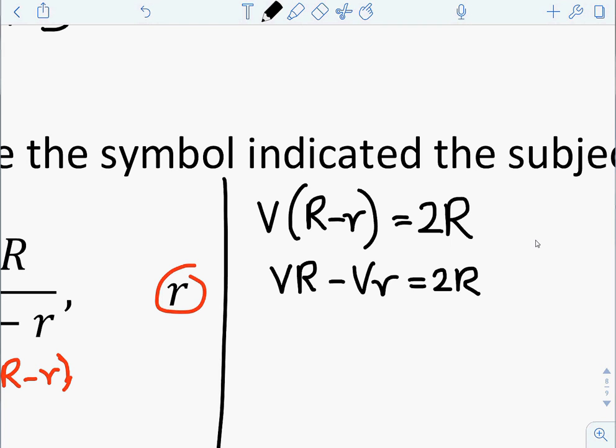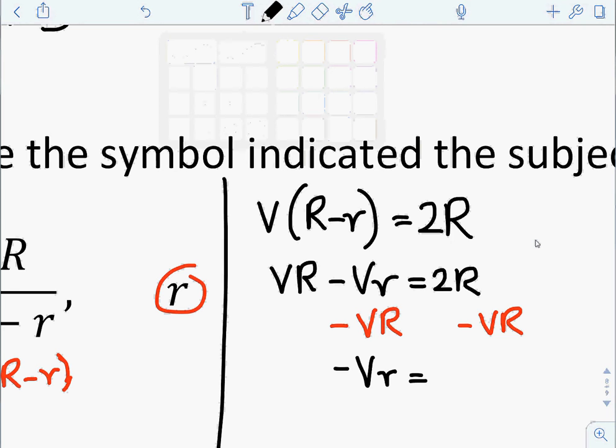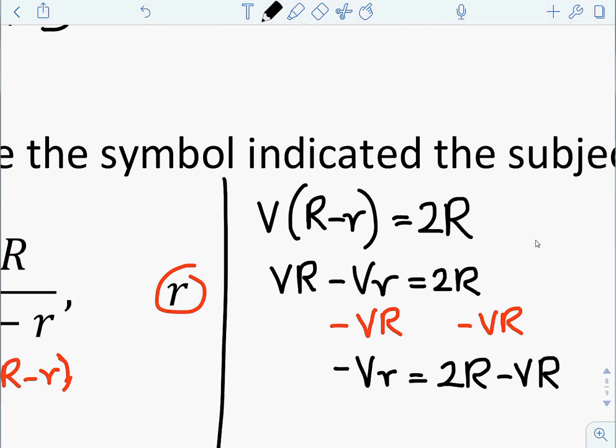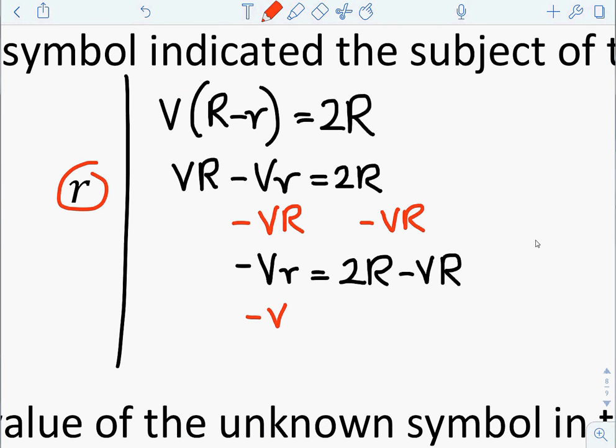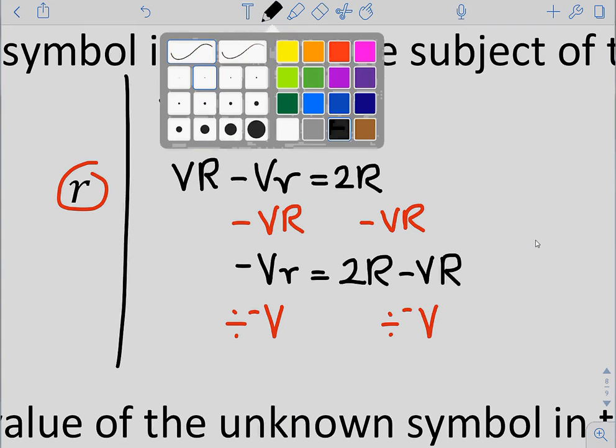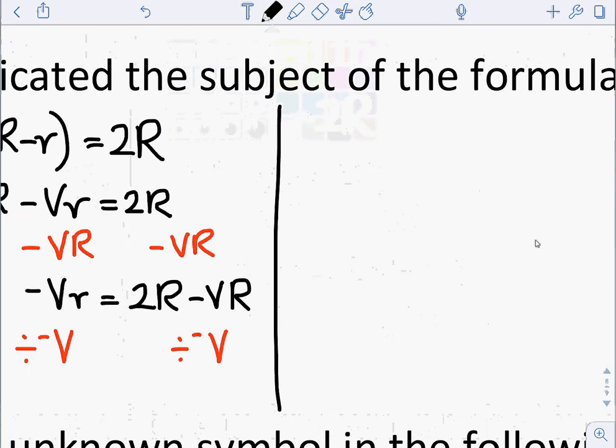Subtracting this capital V, capital R from both sides, which will leave me with capital V, lowercase r, is equal to 2 lots of capital R minus V, capital R. Divide by this negative V. And I'm again going to go over, drawing a line to indicate a new lot of working.